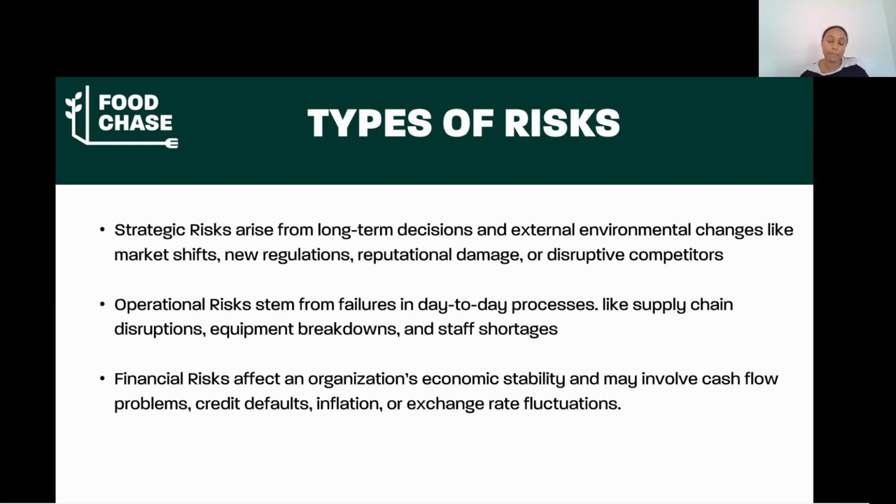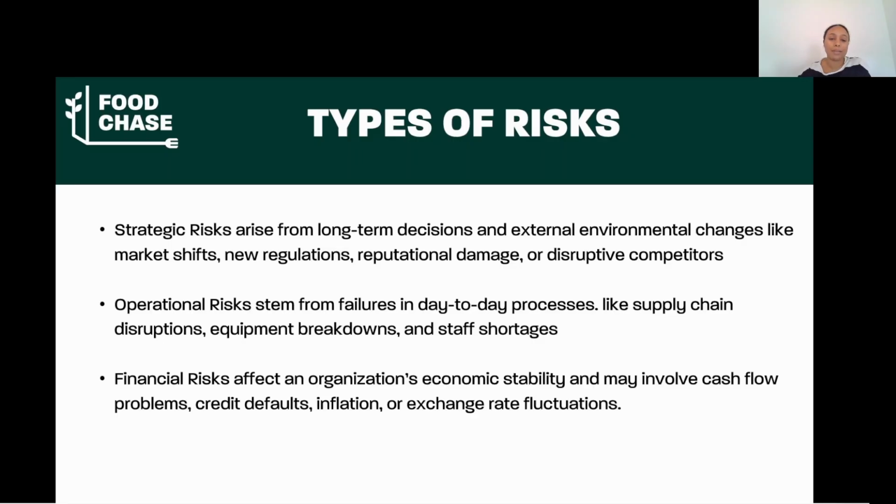So now we're looking at the main types of risks. Strategic risks arise from long-term decisions and external environmental challenges like market shifts, new regulations, reputational damage, or disruptive competitors, while operational risks stem from failures in day-to-day processes like supply chain disruptions, equipment breakdowns, and staff shortages.